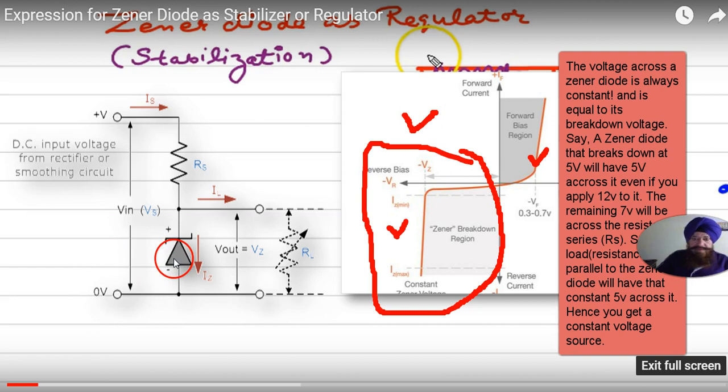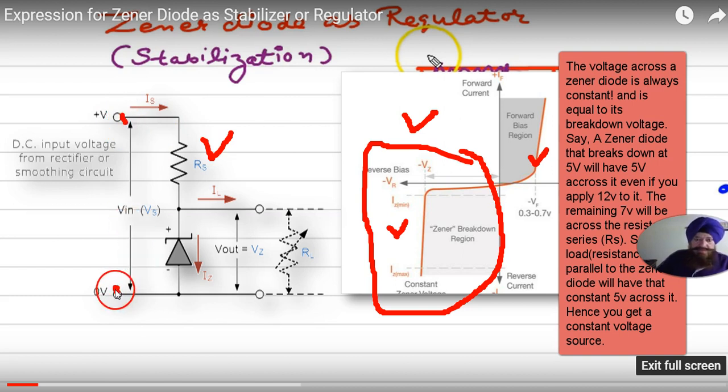Like here, for example, this is a Zener diode, N and P, then a series resistance RS. Input voltage is connected here.